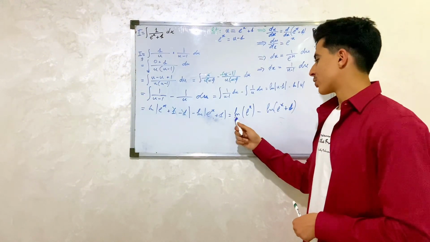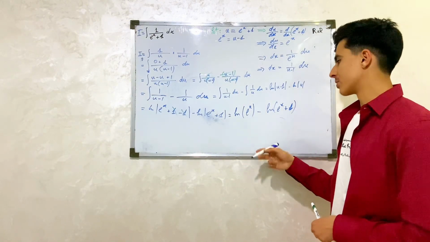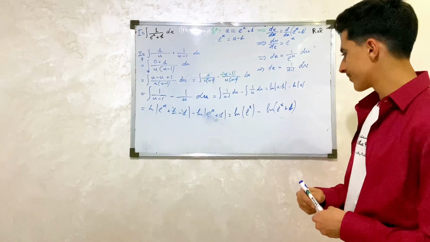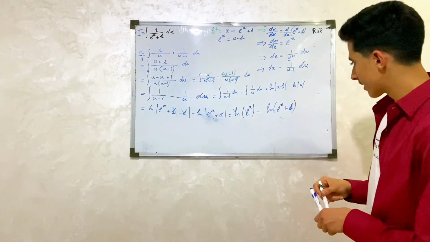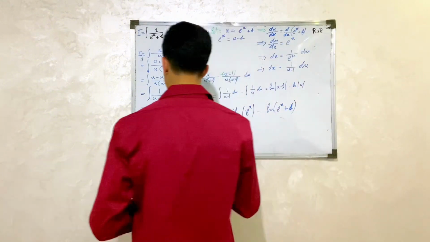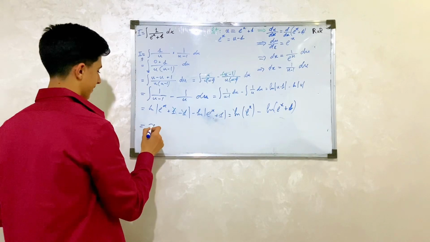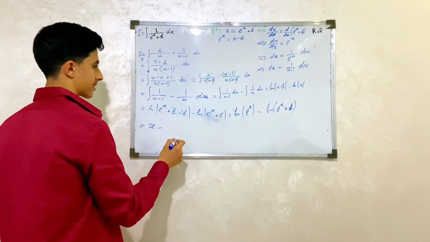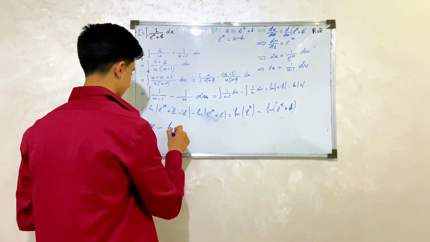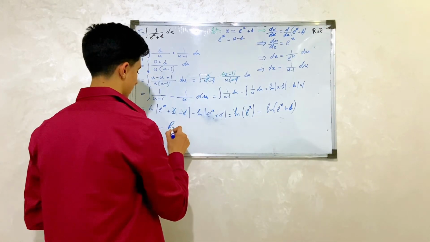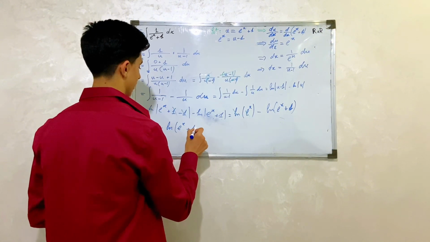Now we know that the natural log and the exponential function are inverses, so we can just cancel them out, leaving us with x minus the natural log of e to the x plus 1.